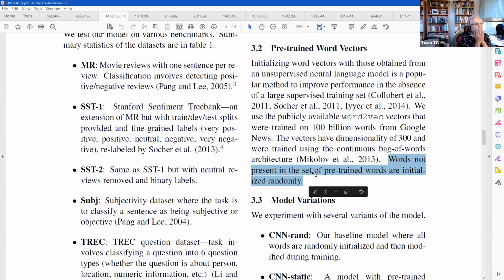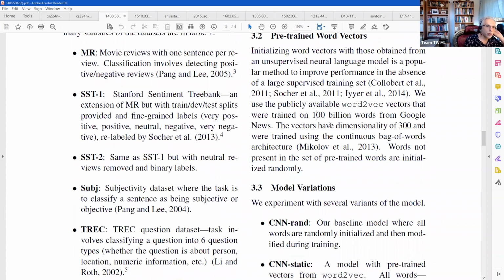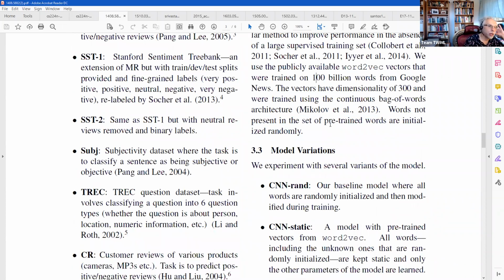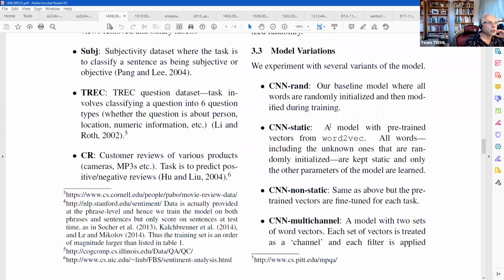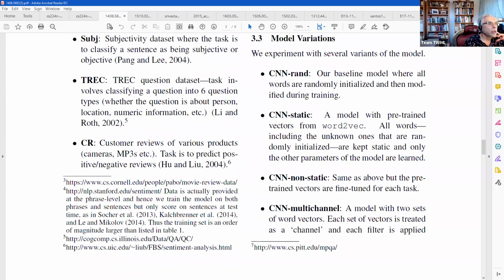Okay. Not sure what he means by that. Remember, he uses 2 possibilities. One is to use these pre-trained word vectors, but the other is to start with random word vectors and train them in the process of solving the model. So here he talks about the variants of his model.